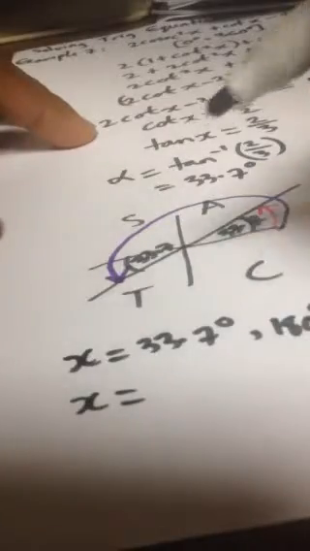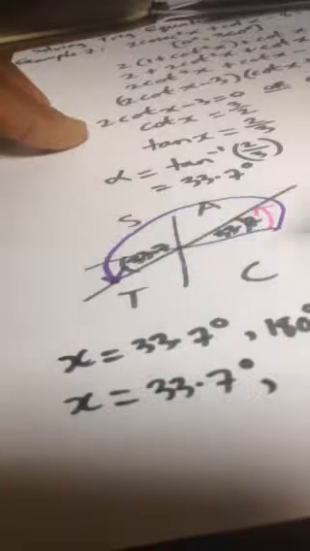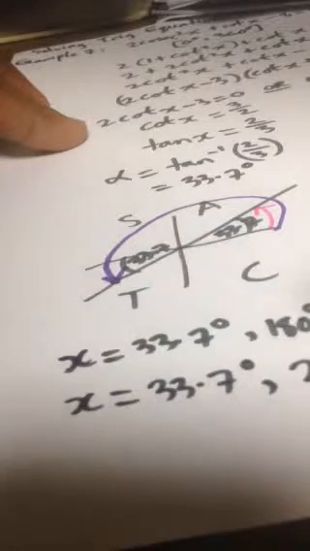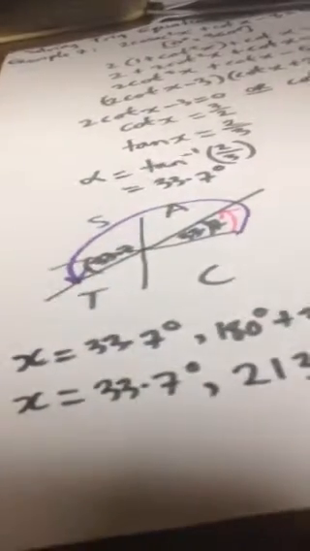So the two solutions for 2 cot x minus 3 equals 0 are 33.7 and this will be 213.7 degrees. These will be our two solutions for the first factor.